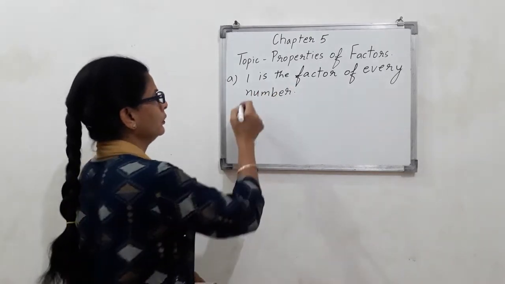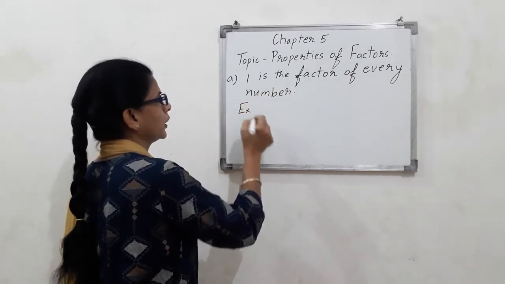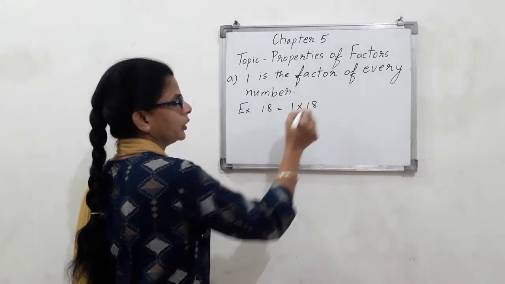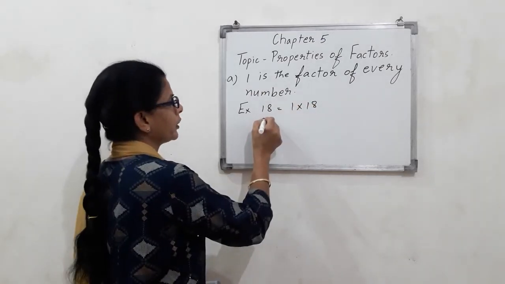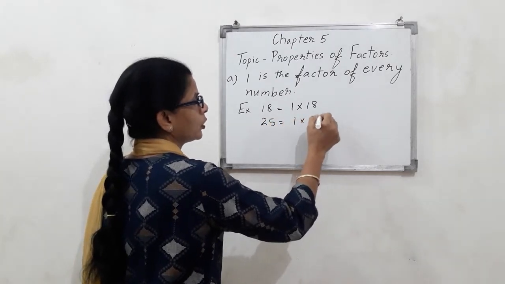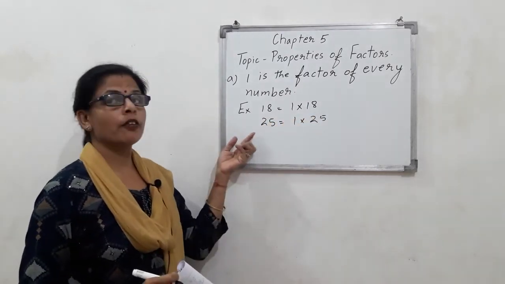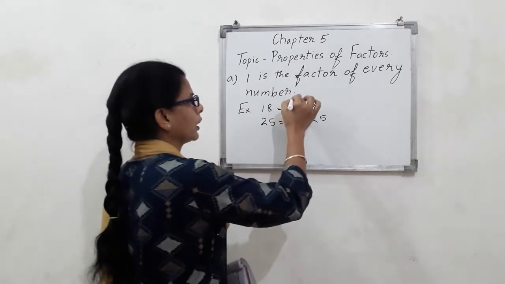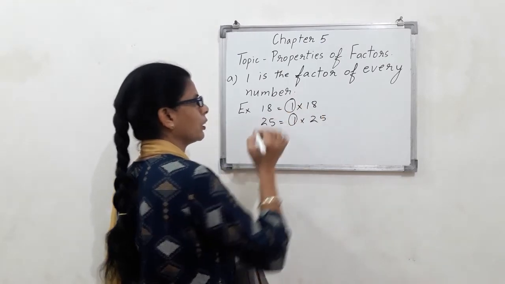For example, if we take 18, 1 18s are 18 only. If we take 25, 1 5s are 25. So, in one table, every number comes. So, 1 is the factor of every number.